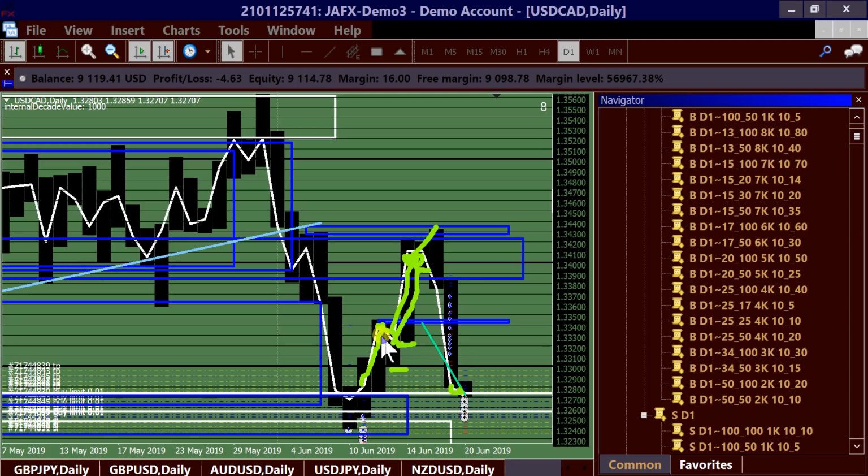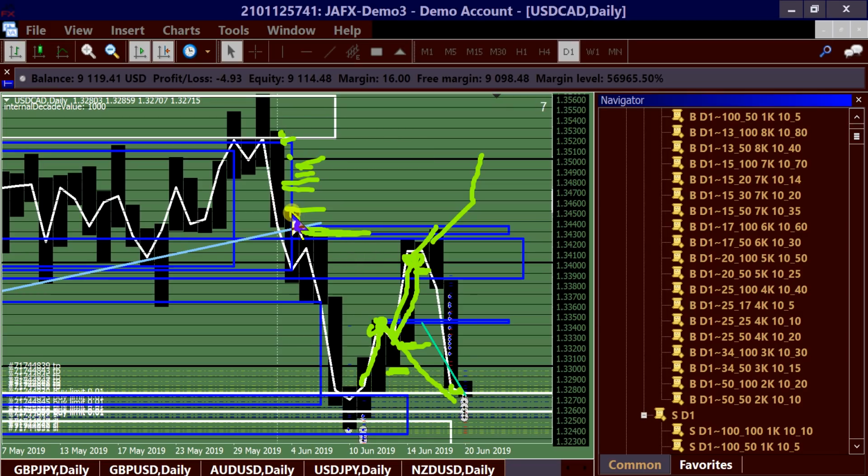I'm underwater. I bought here, I'm underwater. That's why a robot that runs a trailing stop will make more money over time than a person that's looking at structure saying, well, no, it's just going to keep cleaning this and we're just going to go after all these stops, so to speak.